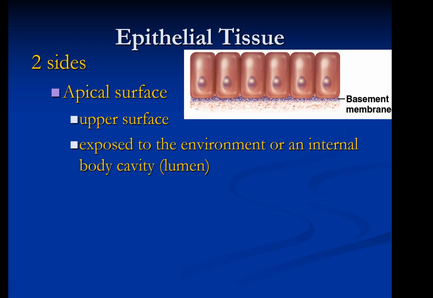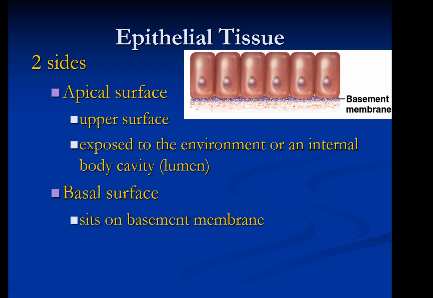Think of your stomach, or even your mouth. The outer layer of the epithelial tissue in your mouth opens up into the cavity itself. That's the apical surface. Deeper, that you can't get to without cutting things out, would be the second layer, called the basal surface. So think bottom.